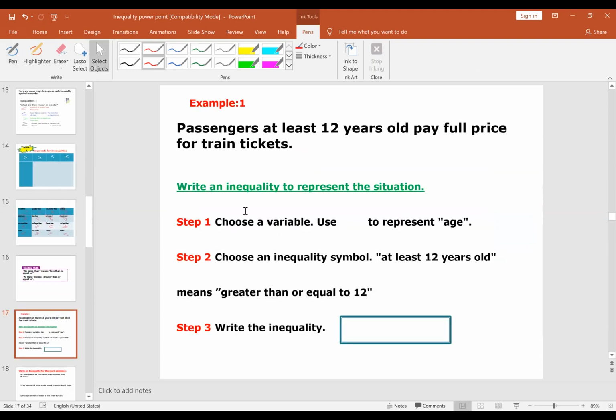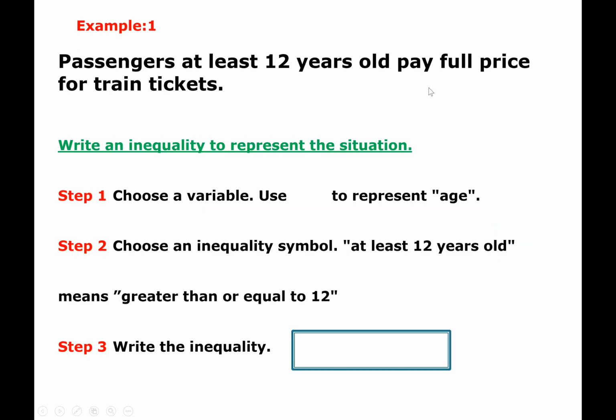Okay, we can start with this example. Passengers at least 12 years old pay full price for train tickets. So the first thing I need to notice is I need to understand where is my keyword. So my keyword here is at least. Okay. The second thing I need to know is what is the variable here.